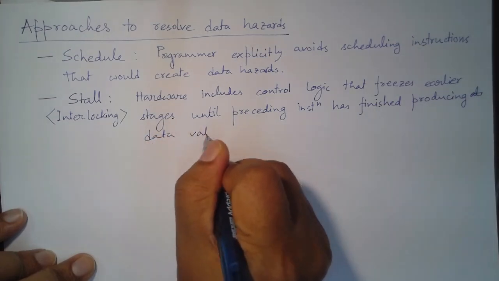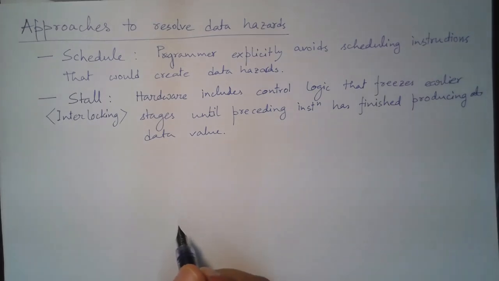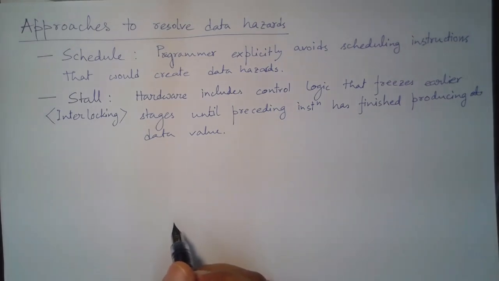So basically here you have hardware which will have enough logic to look at whether there is any instruction which is updating some value which is required by the subsequent instruction. Then the subsequent instruction will be stalled or stopped till the data value is available.